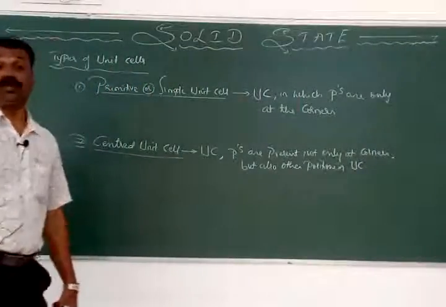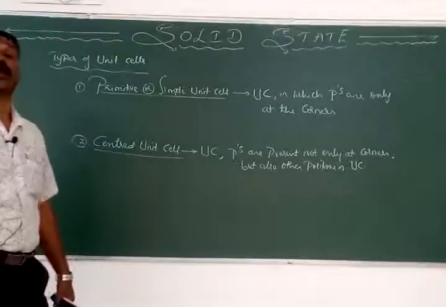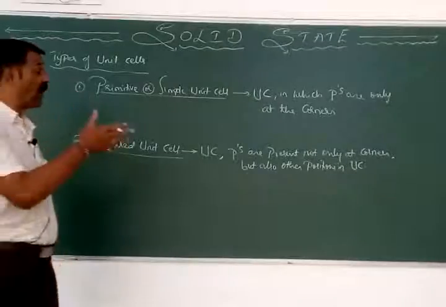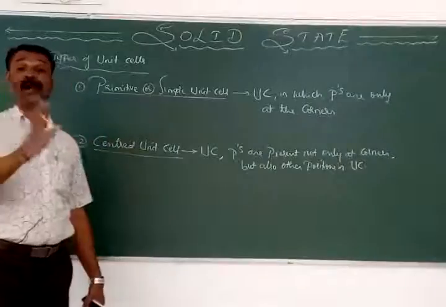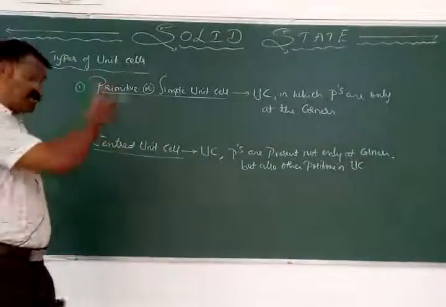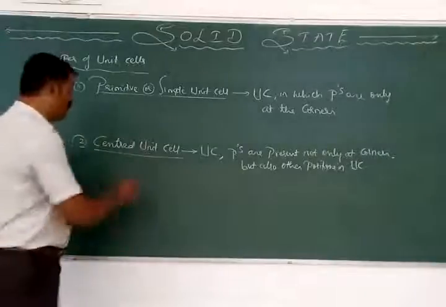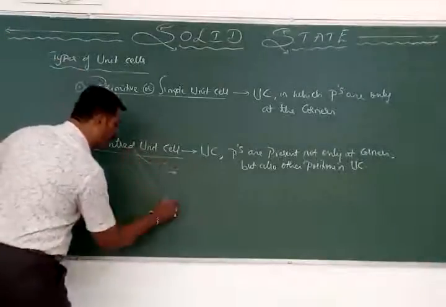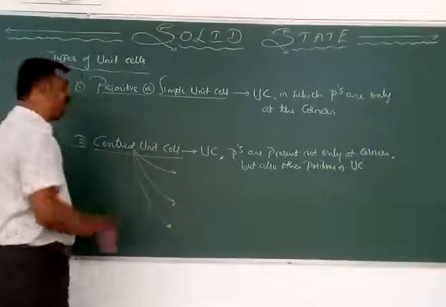Means in addition to the corner particles, if particles are present elsewhere, it is called a centered unit cell. So based on that, we have three different centered unit cells.